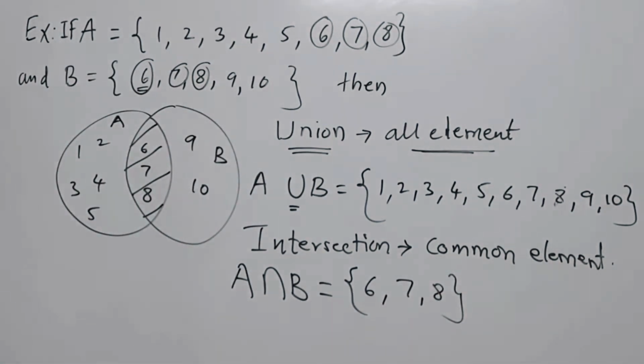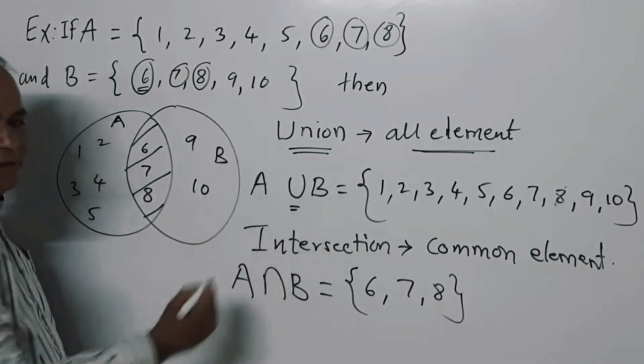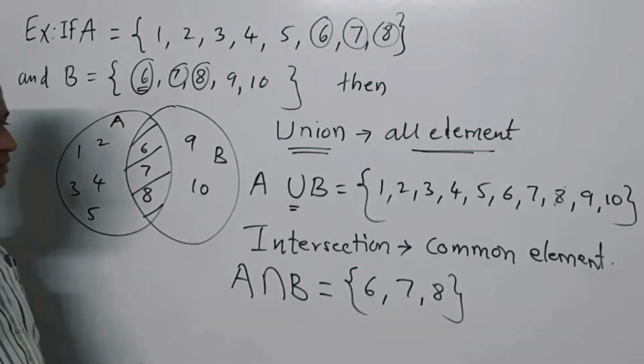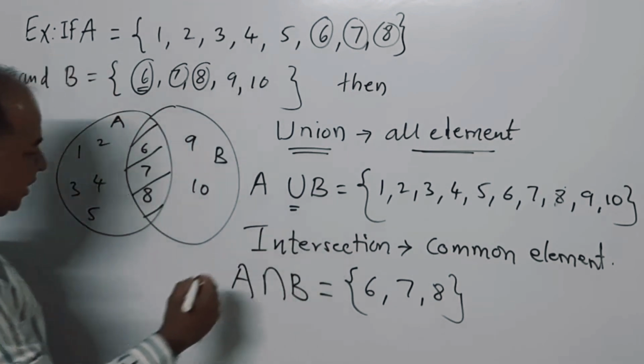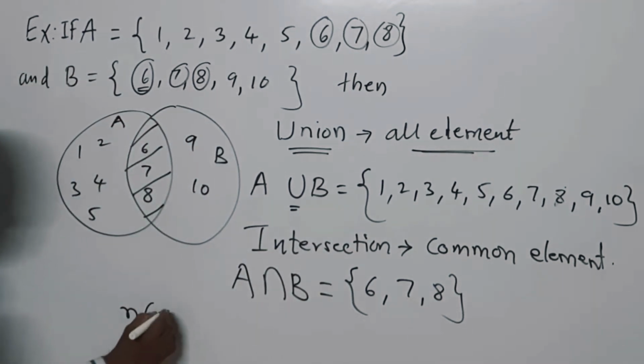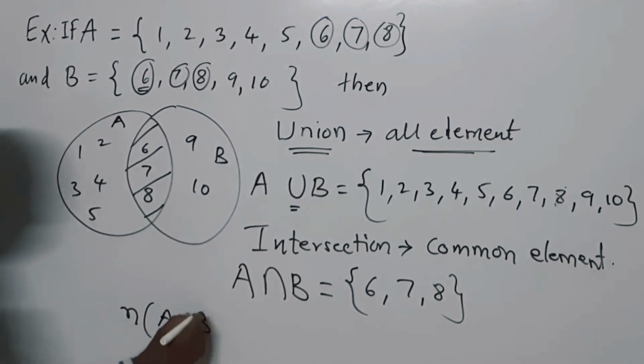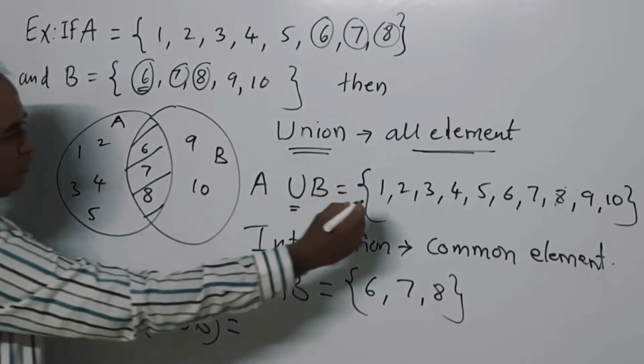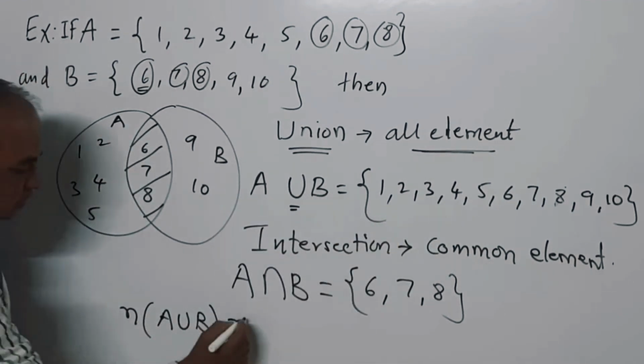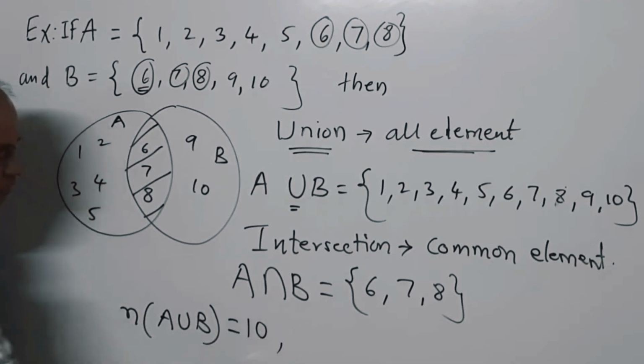Now the number of elements in set A union B is written as n(A union B), that is, the total number of elements in A union B is 10.